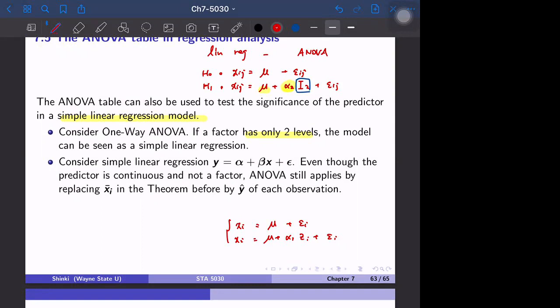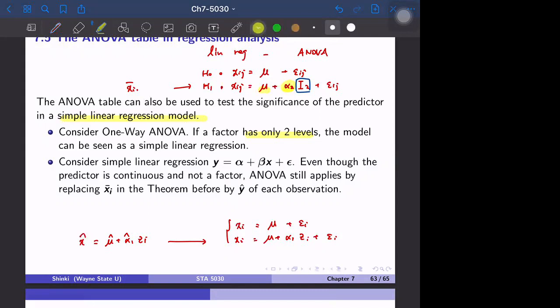In the ANOVA model under H1, the fitted value for the i-th group is the group mean of the i-th group, that is x_i bar dot. But here, the fitted value is mu hat plus alpha hat times z_i. This is usually called y hat, or in this notation x hat.